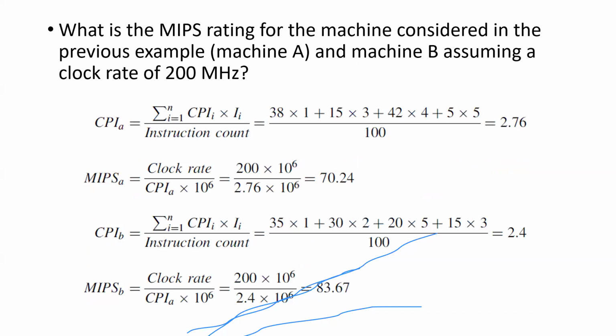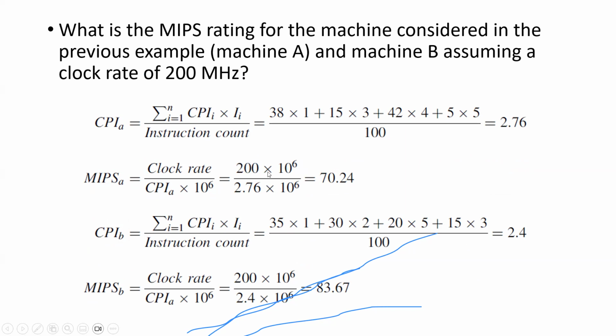Now the MIPS for the first one is the clock rate over the CPI times 10 raised to the power 6. The clock rate has been given here as 200 megahertz. The mega there stands for 1,000,000 hertz, so it is 10 raised to the power 6.